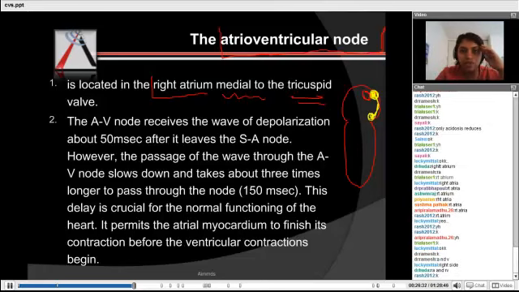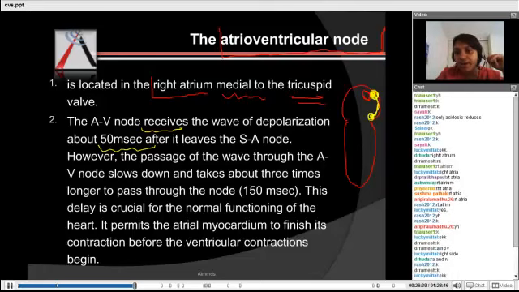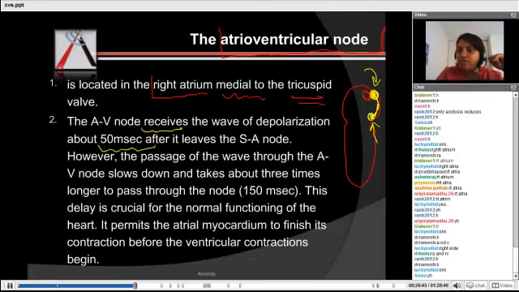Now the AV node receives a wave of depolarization about 50 milliseconds after it leaves the SA node. The SA node generates impulses and sends them to the AV node. But the passage of the wave through the AV node slows down, and it takes about 3 times longer to pass through the node.